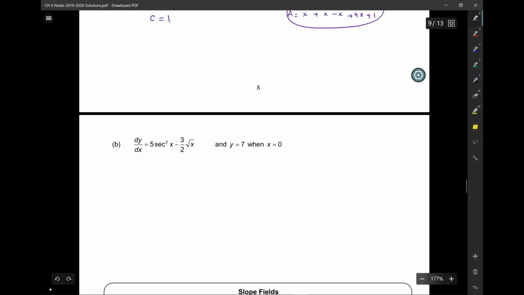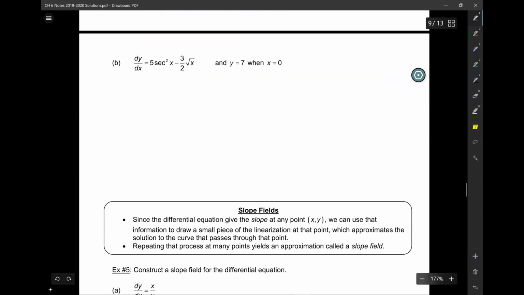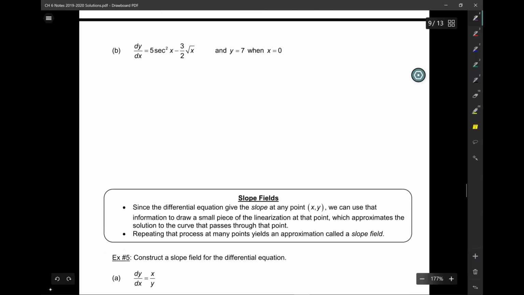Okay. And so, we just have like more variation on the same thing. So here, dy dx is the secant squared equation. Separating, I get that dy is 5 secant squared x minus 3 over 2x to the 1/2 dx.